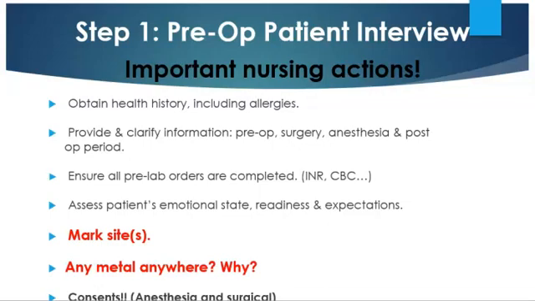The metal won't heat up, and it will not move in response to the MRI machine. But if the metal is near an organ, such as, let's say, the prostate, they will not be able to have an MRI.